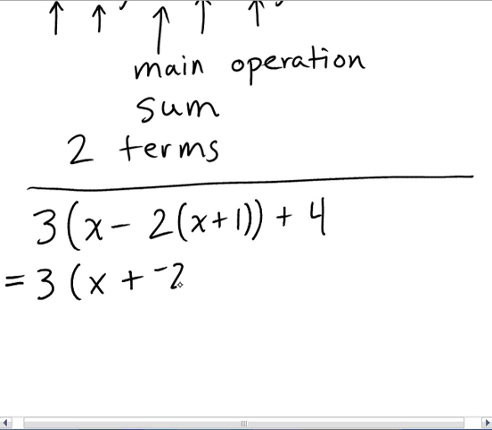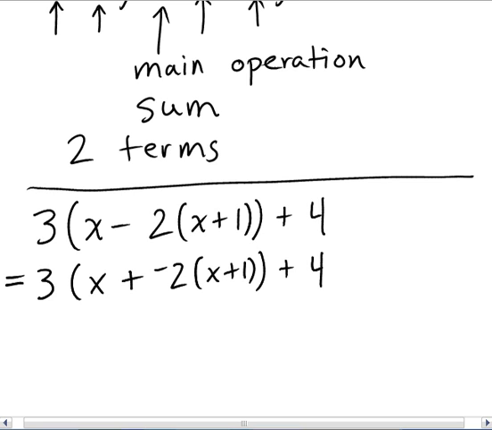So I'm going to add a negative 2 times x plus 1 here. So my operations are multiplications and additions. I have 1, 2, 3 additions, and I have a multiplication between the 3 and the parentheses, and another one between the negative 2 and the parentheses. So I have two multiplications.